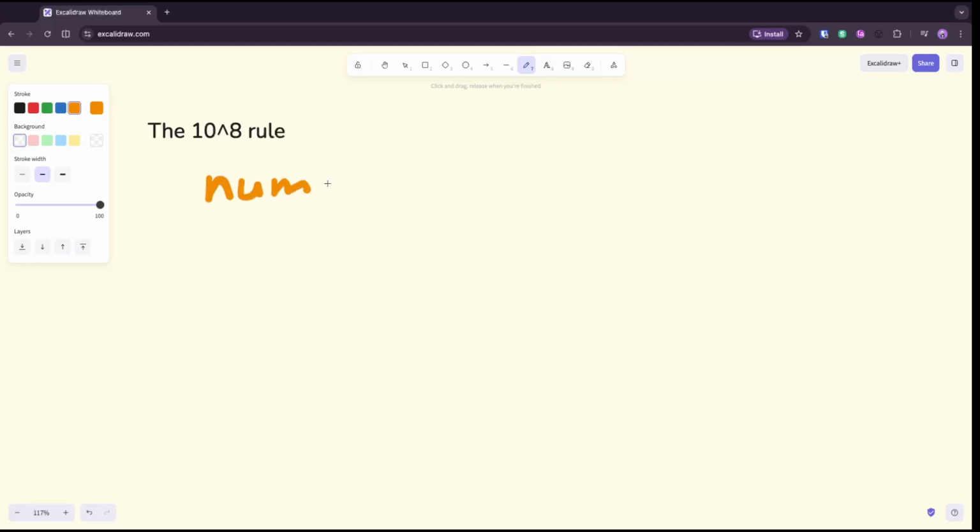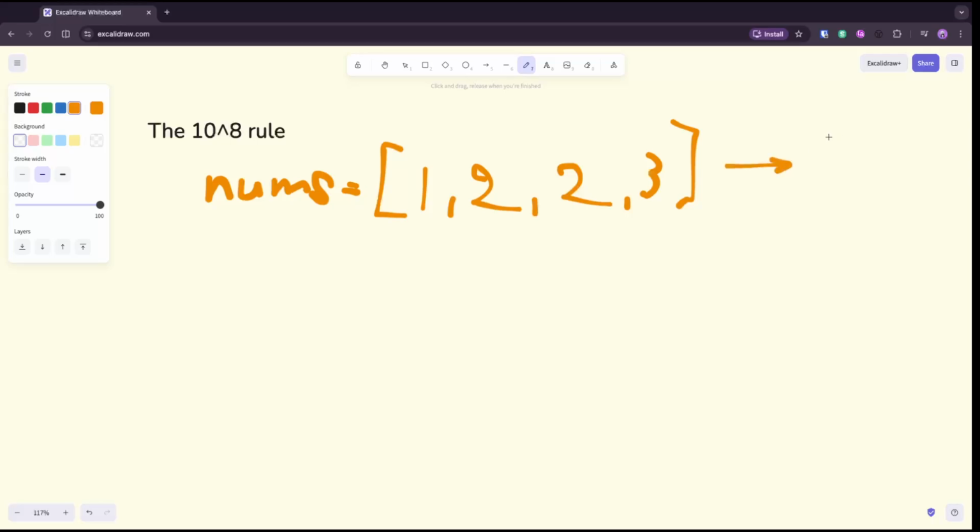It's very simple. Nums is 1, 2, 2, 3. This is true because nums contain a duplicate number.